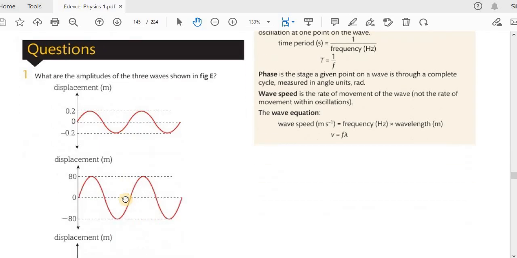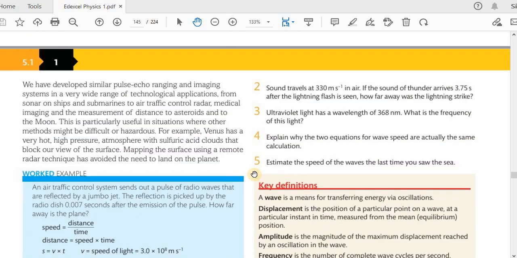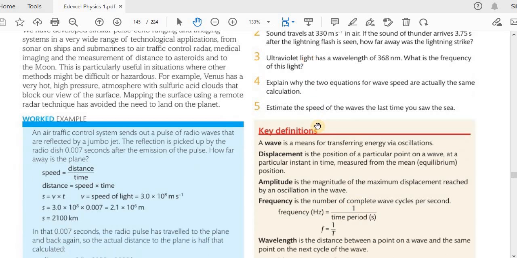Okay, so that's the end of this. Make sure you answer these questions, and the answers are also there. Make sure you check the answers after you do all these questions, then you will have a good understanding. And like I said, these definitions are important because in the exam paper they can ask you to write them down, they can test you. So when it comes to a definition, make sure you have all the points.